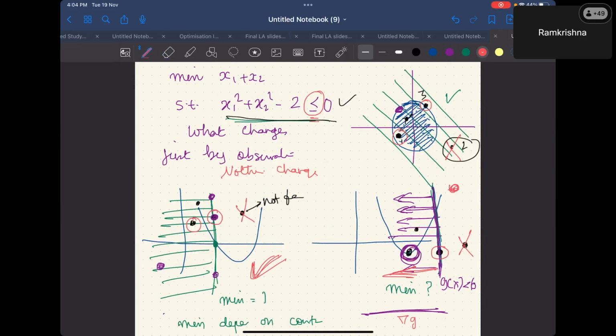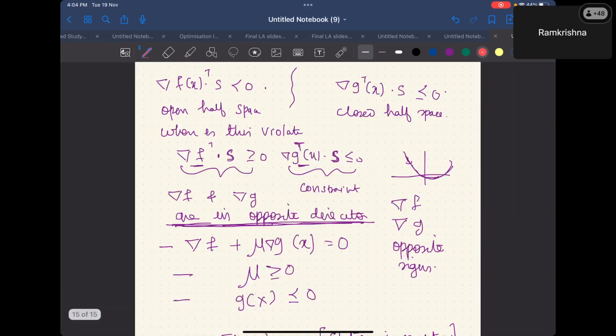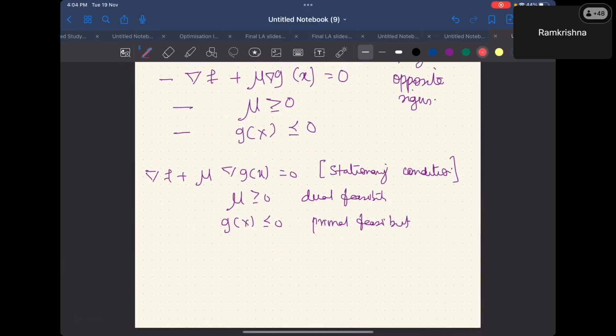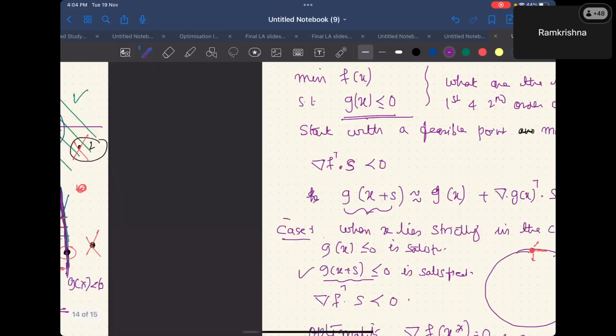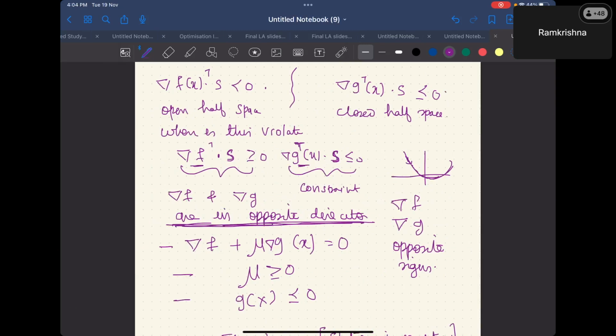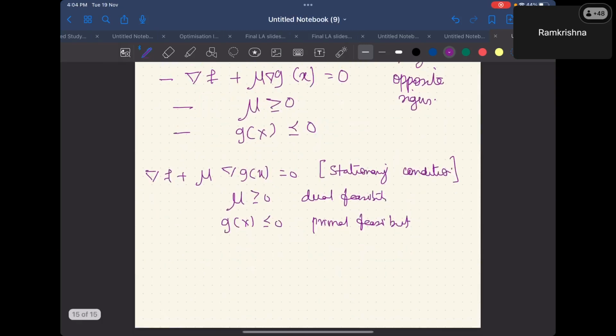It doesn't really matter because I am only dealing with a function whose minima is within the constraint set. As opposed to here, where the minima actually changes. If I just set mu equal to 0, then it just turns out to be an unconstrained problem.